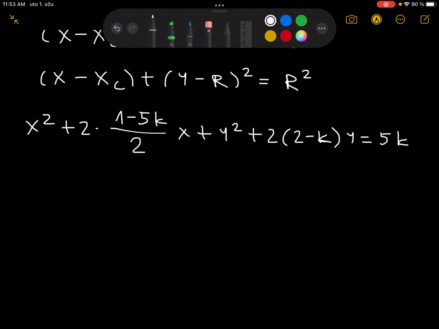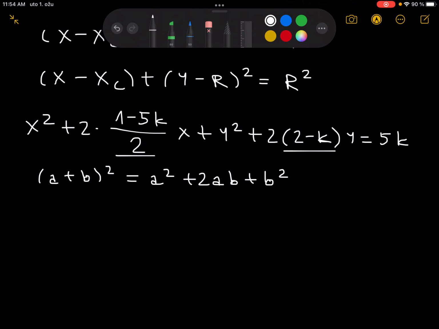Okay, so I've rewritten our original equation in a slightly different form. Why? Because I want to complete the squares by using the binomial theorem. So a plus b squared is equal to a squared plus 2ab plus b squared. In the first part this is a, and in the second part this is a.